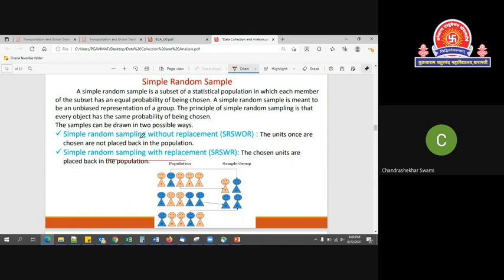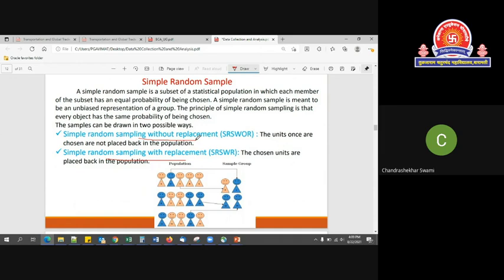Now, without replacement means what? Suppose I have a box in which I have 100 electric bulbs. If I want to test the lifetime of an electric bulb, I select one bulb randomly, plug that bulb in the switchboard, and test its lifetime.